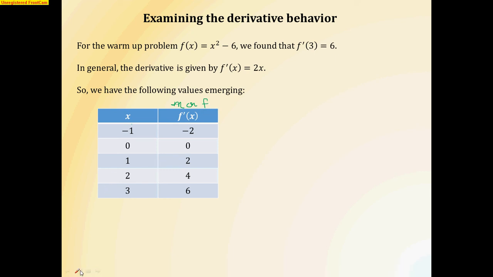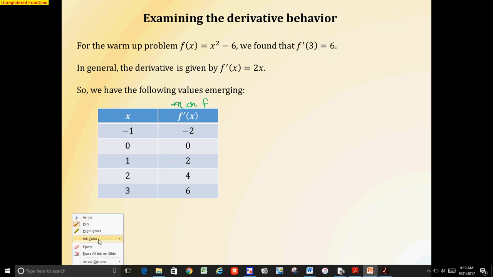M for slope, right? Slopes is my output. Input, domain. Output is a range, but this range is slopes on x squared minus 6.